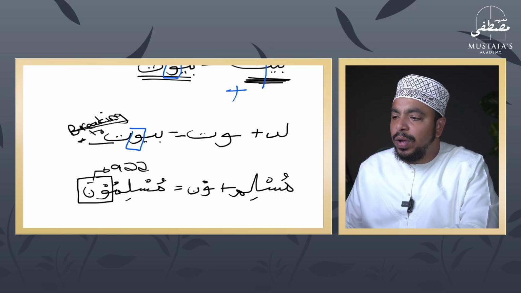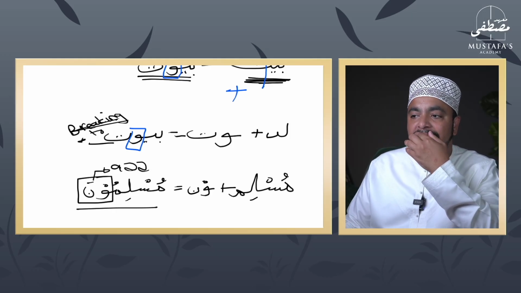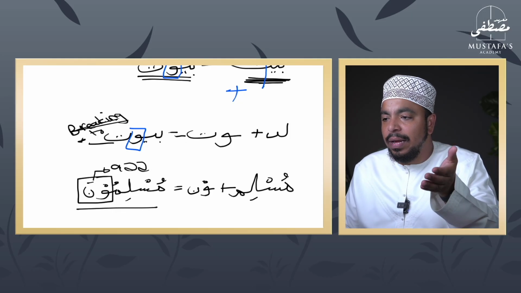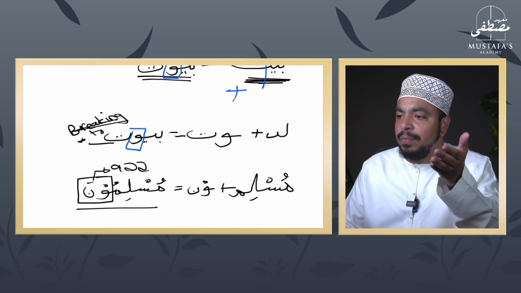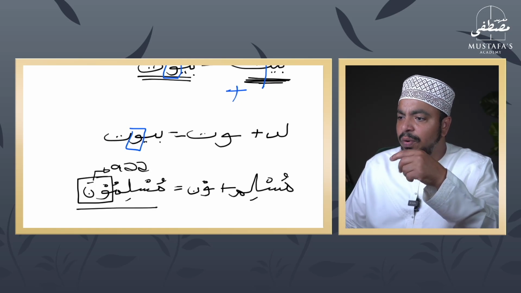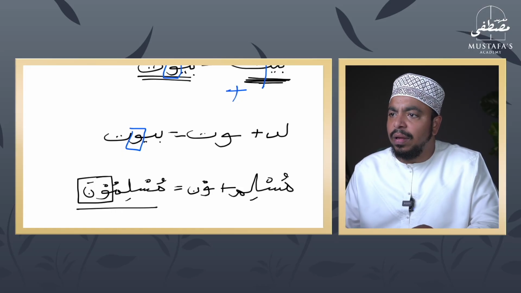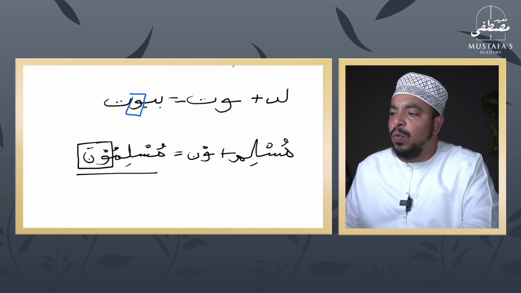Now when you pay attention clearly, this is what you find. Let me just wipe these off, so that this can be very clear for you. Now let me just wipe this one off too. Muslimuna, like that.